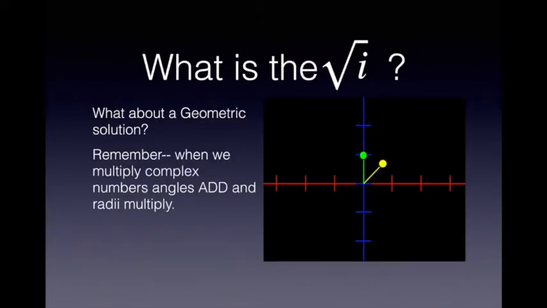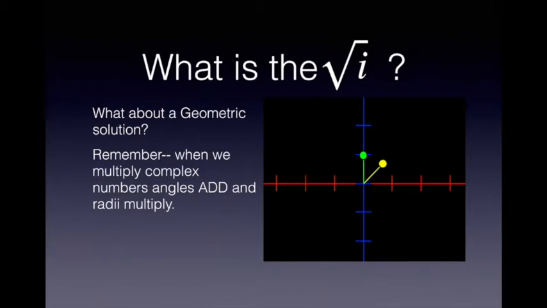So now we're going to do the geometric method. So pretend that we haven't done any of the algebraic stuff. We're going to think about this geometrically. So remember that complex numbers, sometimes we plot them on the complex plane, where we have a real axis that's in red on my picture, and an imaginary axis that's in blue on my picture.